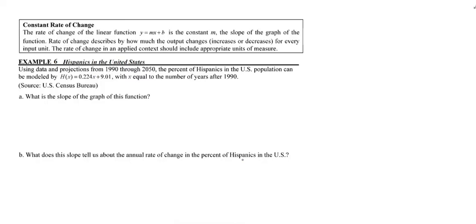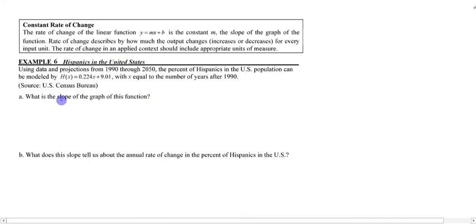Example 6, Hispanics in the United States. Using data and projections from 1990 through 2050, the percent of Hispanics in the U.S. population can be modeled by h of x equals 0.224x plus 9.01, with x equal to the number of years after 1990. What is the slope of the graph of this function? So we can see the coefficient of x. There we go.